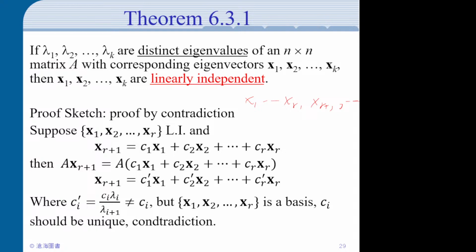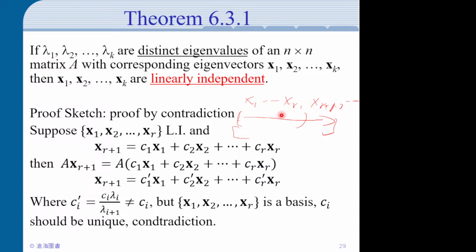So we are trying to expand our set. Up to x_r, all the vectors are linearly independent, and then we include x_{r+1}, and things become linearly dependent. That means x_{r+1} doesn't span any bigger space, so x_{r+1} is inside the span of x1 to xr.